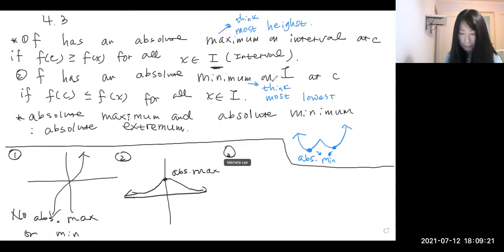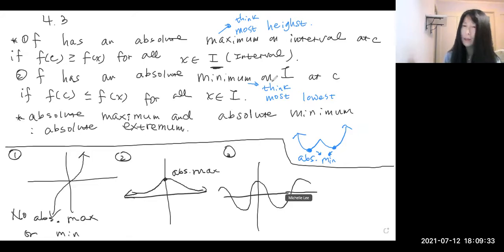Number three. Okay, is there absolute max or absolute minimum? There's both. So absolute maximum there.